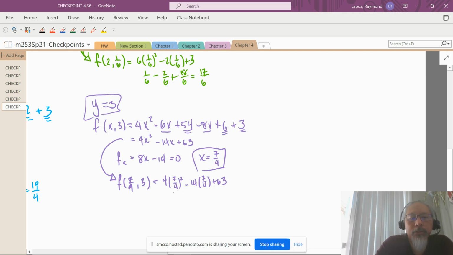Cancel 7/4. 7 squared is 49 over 4, minus 7 times 14 is 98 over 4, and 63 times 4 is 252 over 4.